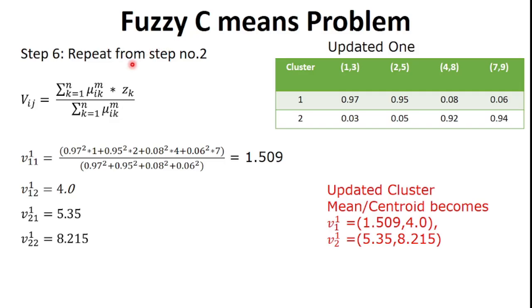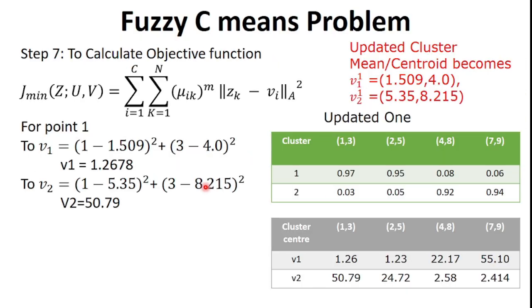You need to repeat from step number 2. We need to calculate Vij, that is the updated cluster mean. You will get V1 dash as 1.509 and 4, and V2 dash as 5.35 and 8.215. Repeat the process from step number 2 and calculate V1 and V2 for the new updated values.